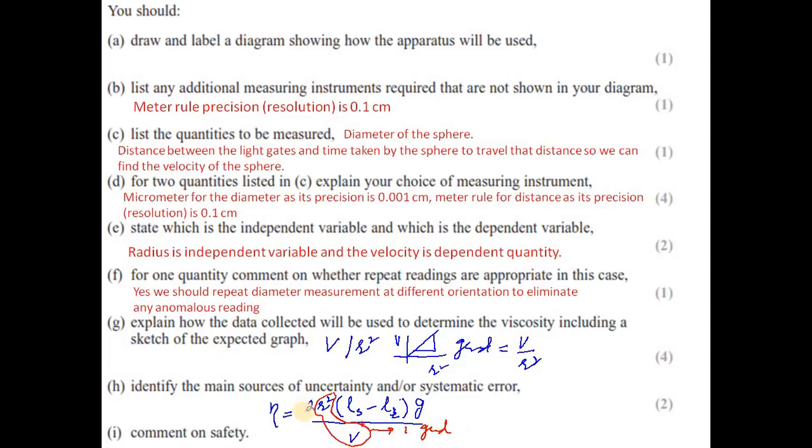So from this formula you can say that we can multiply twice of (rho S minus rho L) into G with 1 upon gradient that we found from the graph, and it will give us eta, the viscosity of the fluid.